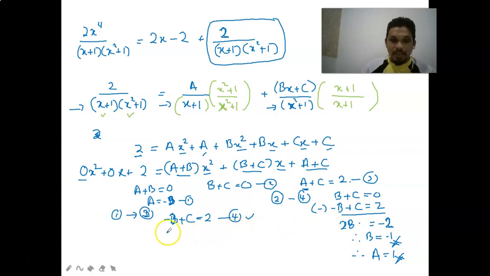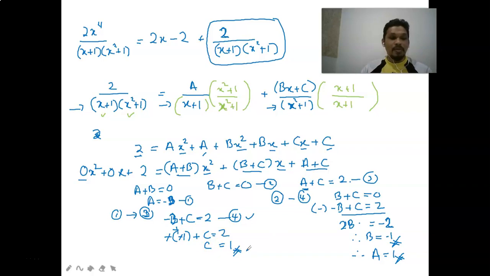So negative b, where b is negative 1, plus c equal to 2. Negative times negative become positive, so then c equal to 1. Bring to this side become negative, so 2 minus 1 equal to 1.